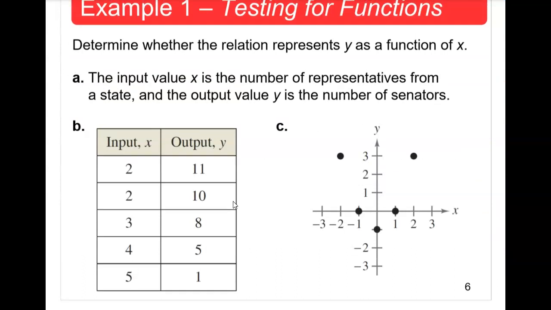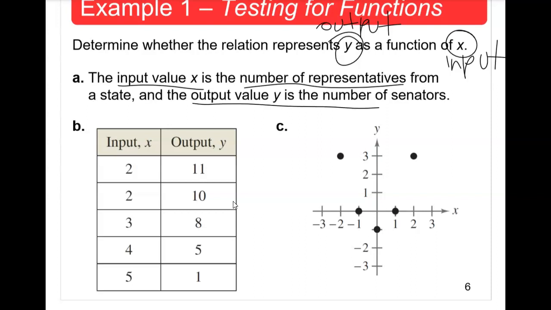Part A says, first of all, we have to determine whether the relation represents y as a function of x. In this case, of course, x is going to be the input, and y is the output. The first one is a sentence, and it says the input value of x is the number of representatives from a state, and the output value y is the number of senators.